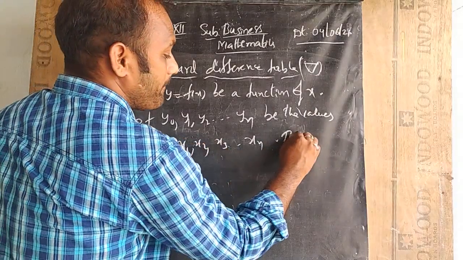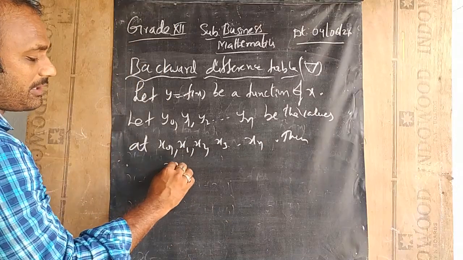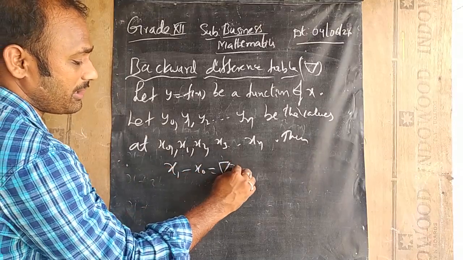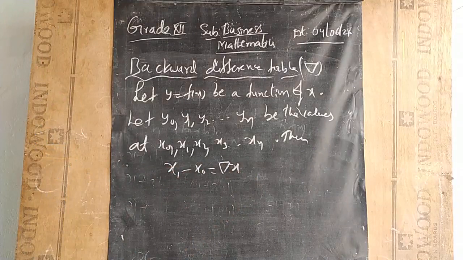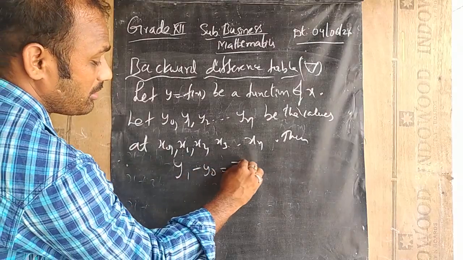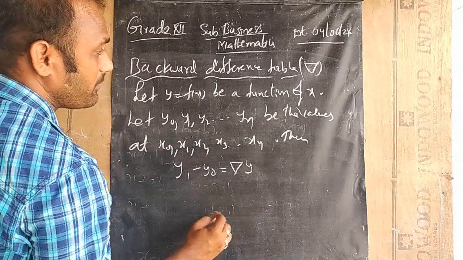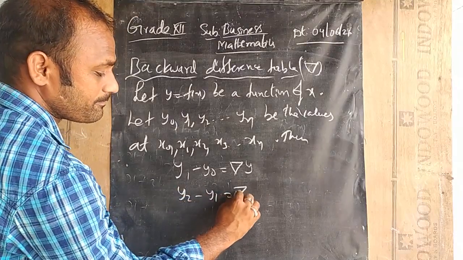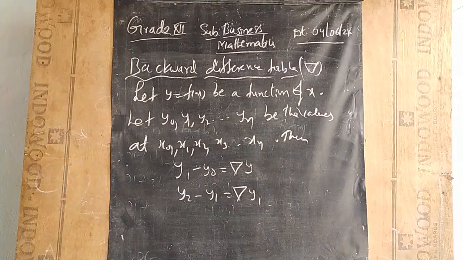Then we can say that y1 minus y0 is equal to reverse of delta y1, and y2 minus y1 is reverse of delta y2. (Sorry, not x, the outputs are y.)